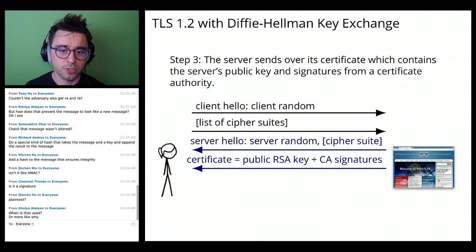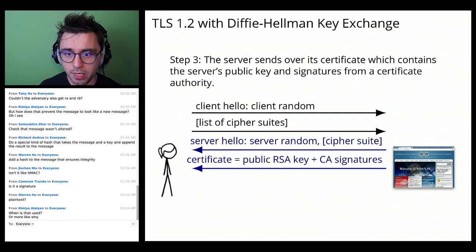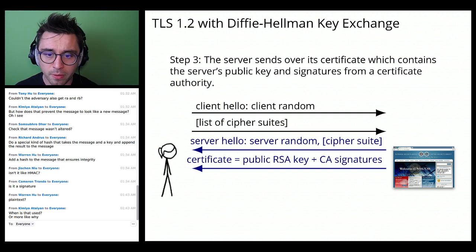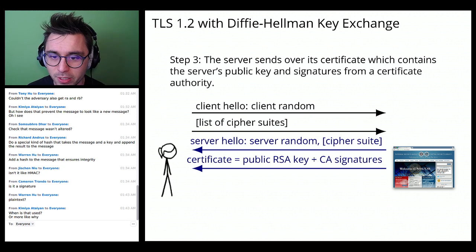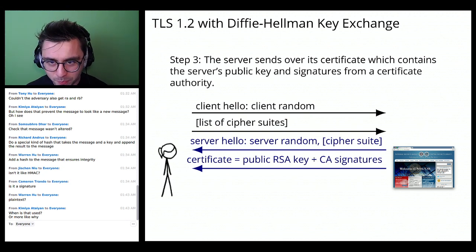This is what we call the certificate. So when the server responds, it responds with the randomness, with a certificate, and a proof that some certificate authority says that this is actually the server that you're talking to. In this case, the server that we're talking to happens to be the NSA web server.